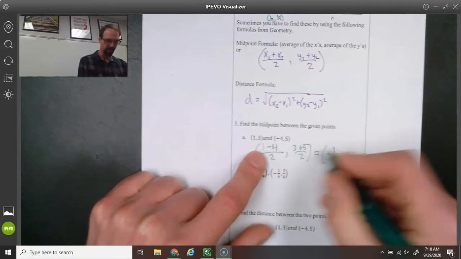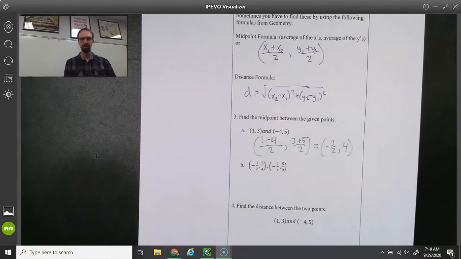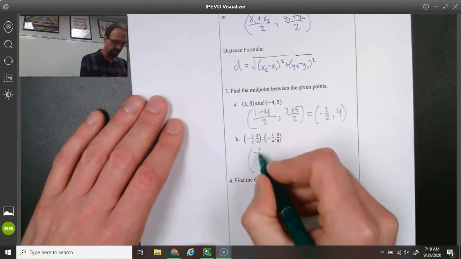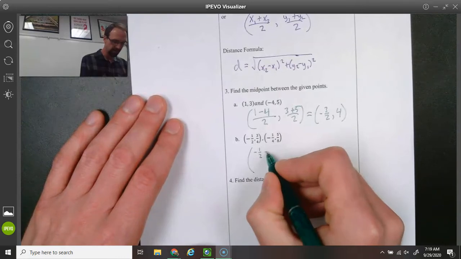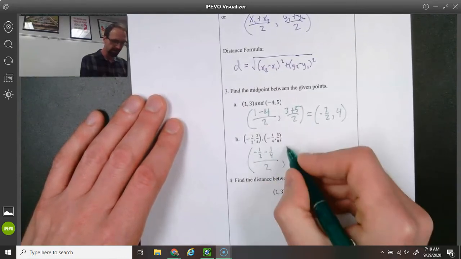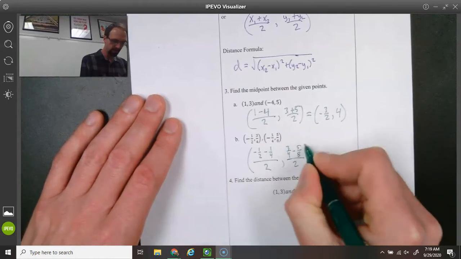I'm going to leave it as an improper fraction. 8 halves is 4. So that's one value. When you have fractions, it's good to know fractions. Next, negative 1 half plus negative 1/4, so minus 1/4, divided by 2, and then 3/4 minus 5/8, all divided by 2.